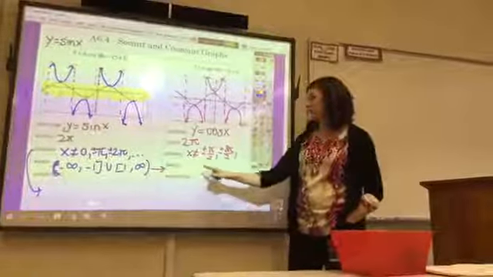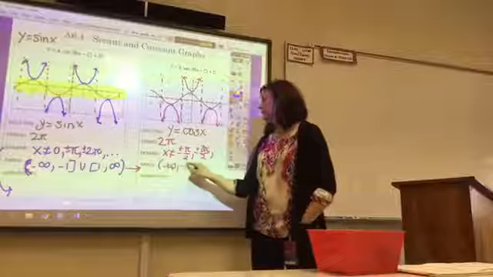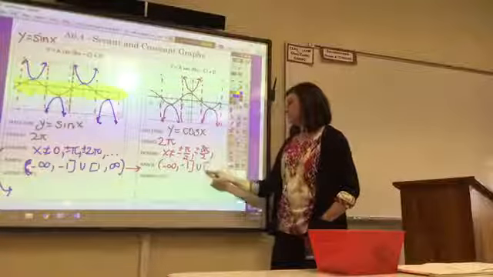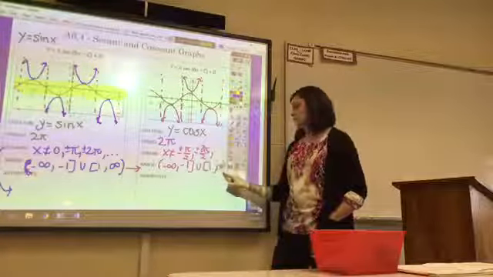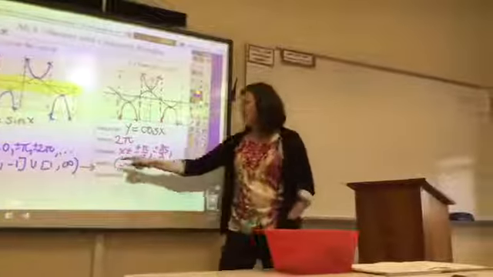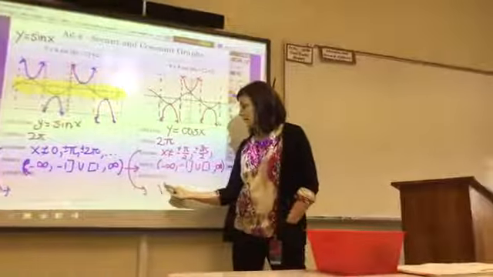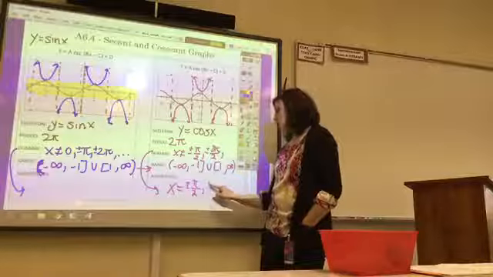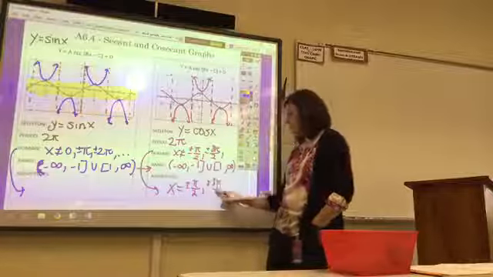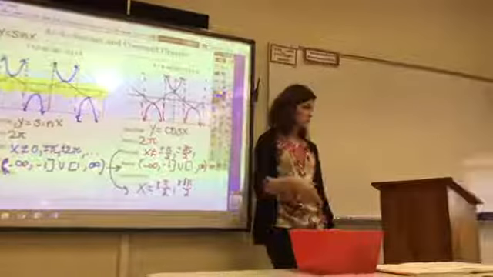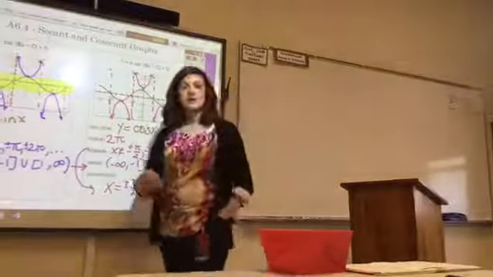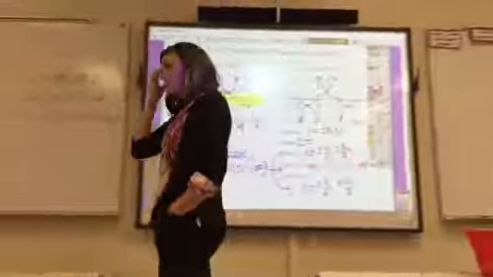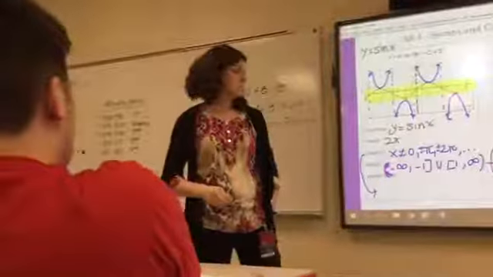It's going to go from negative infinity to negative 1, and 1 to infinity. Okay? Asymptotes are the same as our domain. Our asymptotes are at plus or minus pi over 2, plus or minus 3 pi over 2, 5 pi over 2, and on and on.